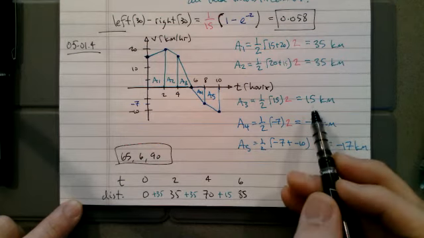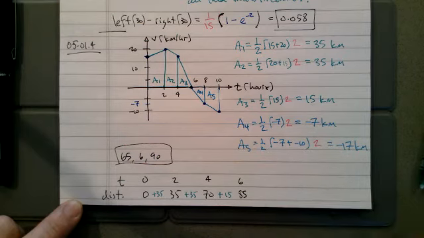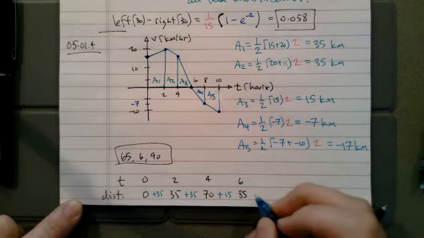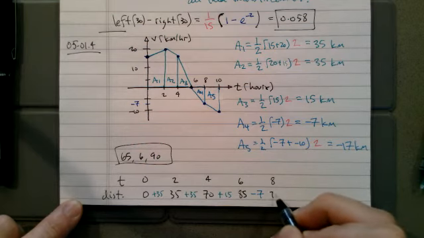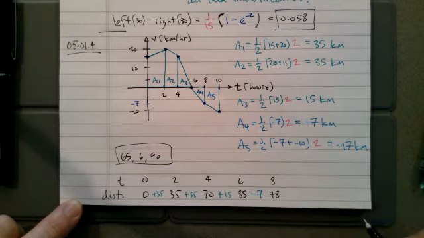Then from 6 to 8, you've decreased by 7. And so at 8 hours, you're at 78. And then between 8 and 10 hours, you've gone minus 17 kilometers. So 78 minus 17 is 61. So this is your distance from home. The calculations that we have here are not how far you are from home.